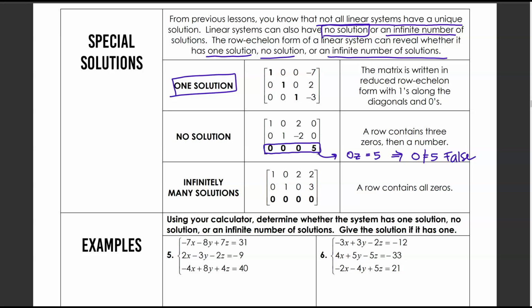Now infinitely many solutions come into play all the way down here. Notice this would imply that 0z is equal to 0, which means that 0 is equal to 0, which is a true statement. So it doesn't matter what we plug in for z, we would end up with the answer right back and it would work. That's why it leads to infinitely many solutions.